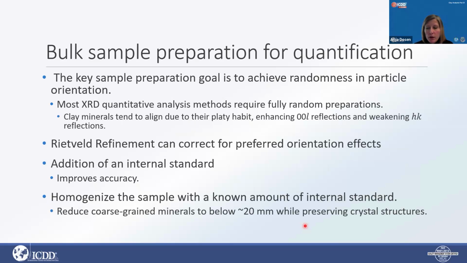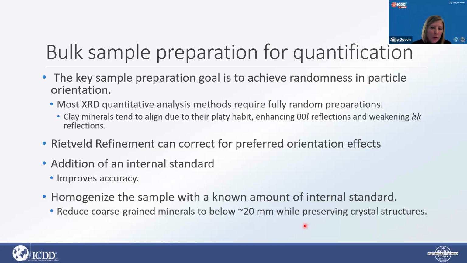So now if we want to prepare a sample for quantification, that is, again, a sample that should be completely random, not just clays. Everything should be randomized in the sample, and we should have a representative sample that will show us all the phases, all the mineral phases that are present.